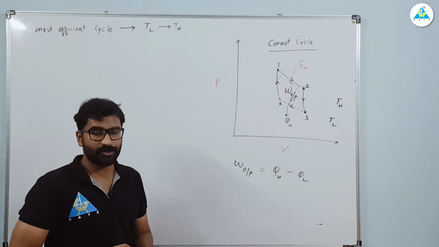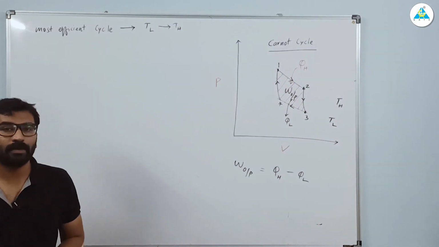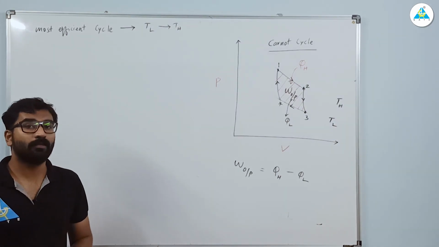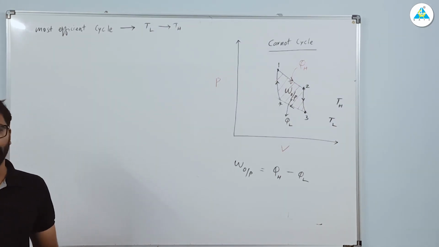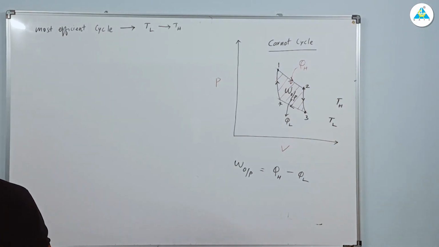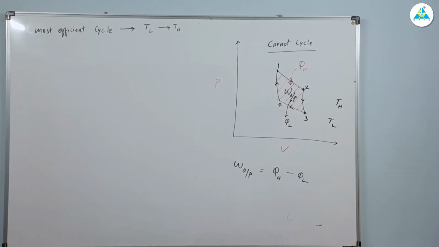For these two temperatures, the lower limit and upper limit, this Carnot cycle will be your most efficient cycle. Clear? No other cycle can cross the efficiency of the Carnot cycle because it is the reversible cycle.